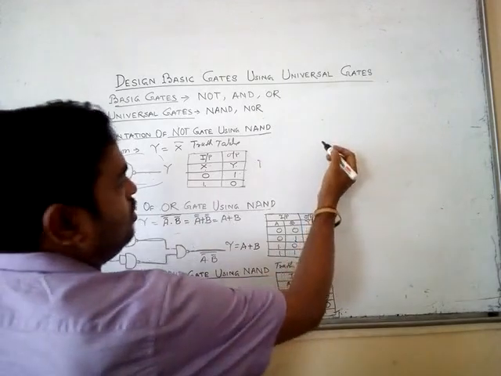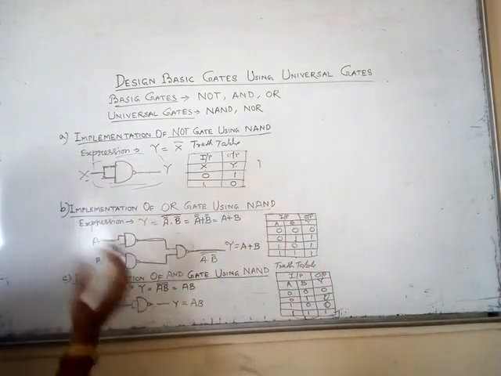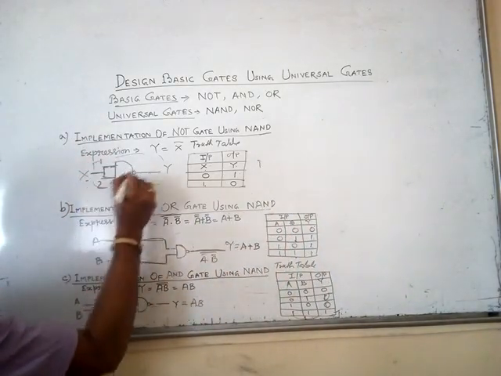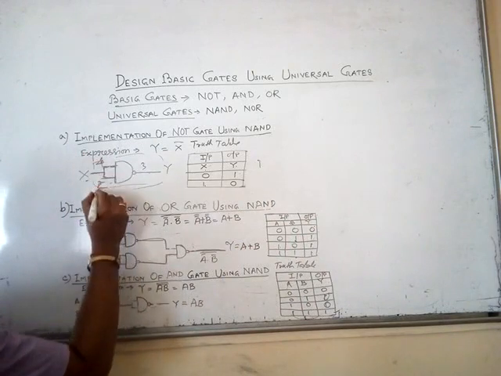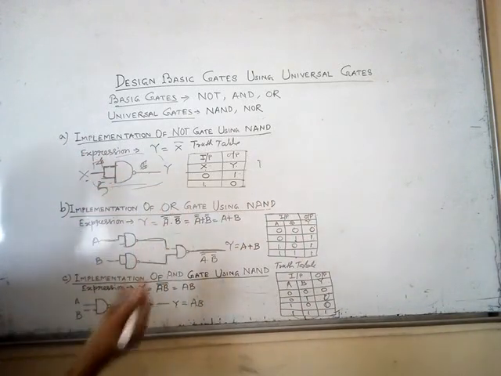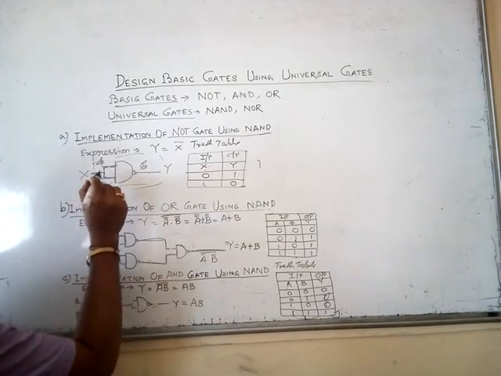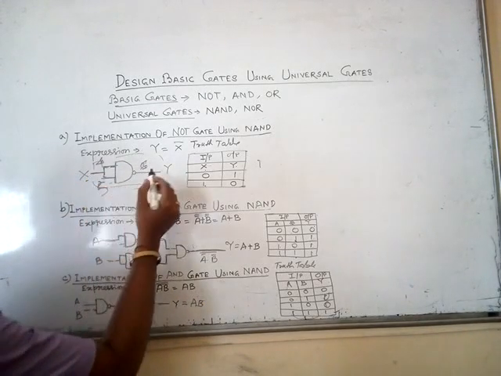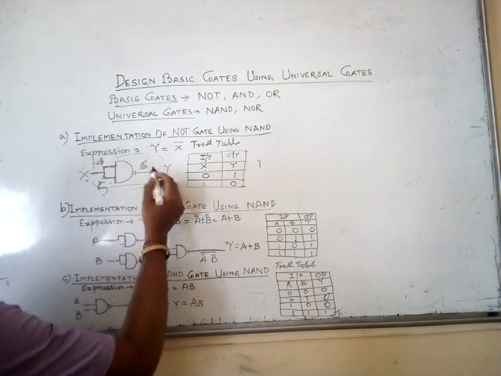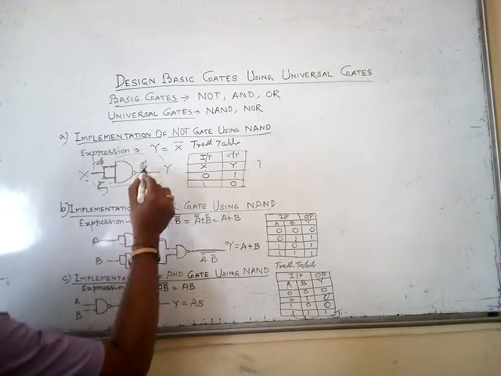As you know, there are 4 gates. We can take any gate, 1, 2, 3, or 4, 5, 6, or 10, 9, 8. You can choose any gate. So if we connect one input and short the 2 inputs, if you take 4 and 5, output will be 6.